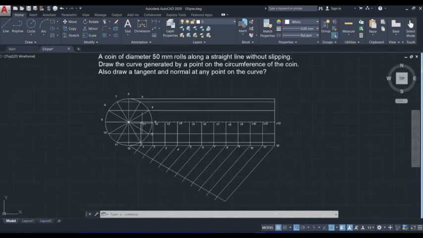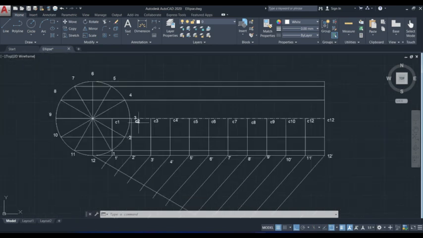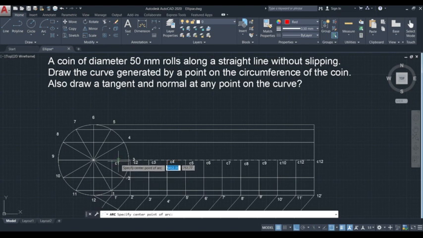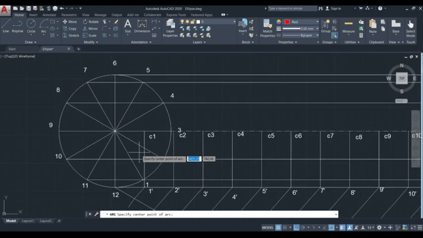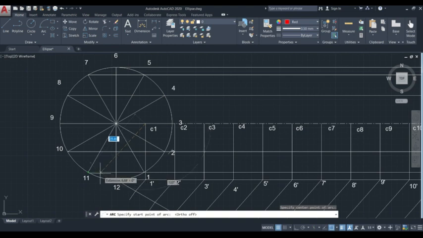We have here 12 different centers on the central axis line, C1, C2, C3 up to C12. Next step is with C1 as a center and a radius of 25 mm, we have to draw an arc connecting the line which is passing through 11, 1.